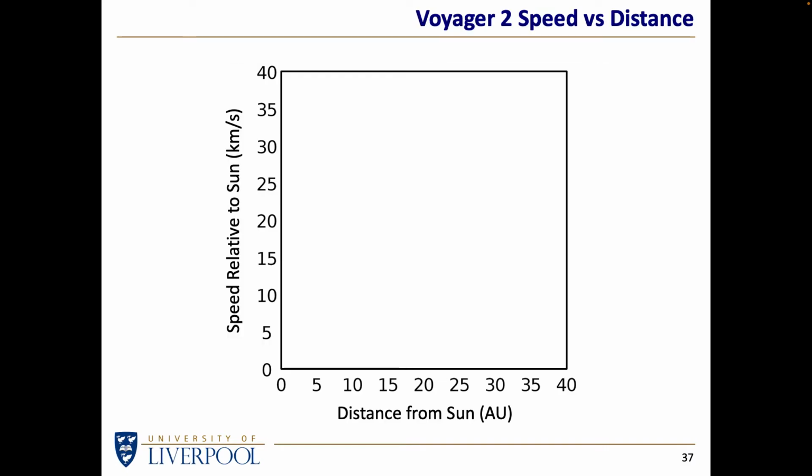If we actually look at the speed of Voyager 2 relative to the Sun, here we've got distance from the Sun in astronomical units, multiples of the distance from the Earth to the Sun, and here we have speed relative to the Sun in kilometers per second. So it started from Earth at a distance by definition of 1 astronomical unit up there in the top, and as distance from the Sun increased, the velocity of Voyager changed dramatically.